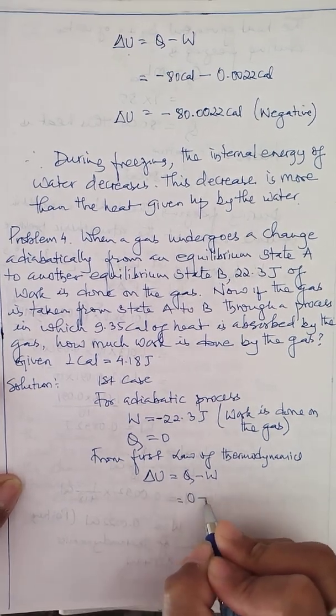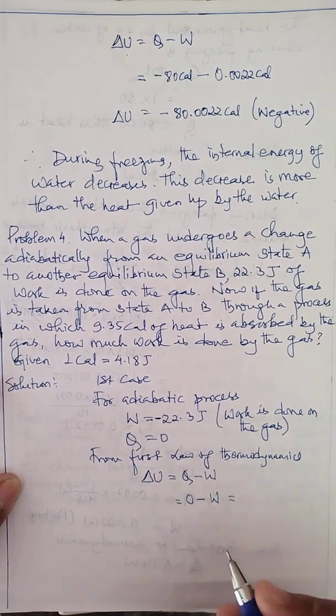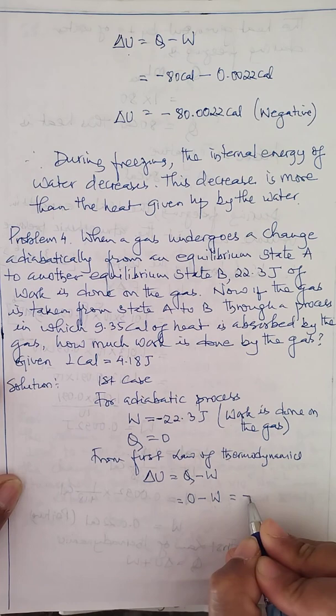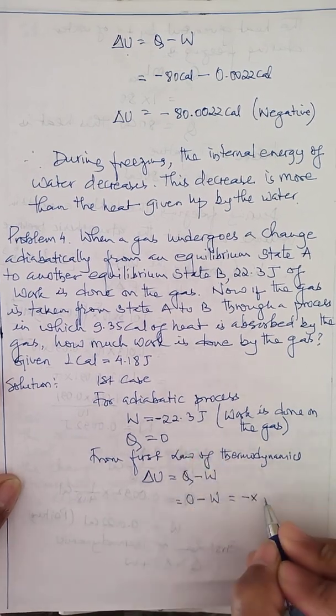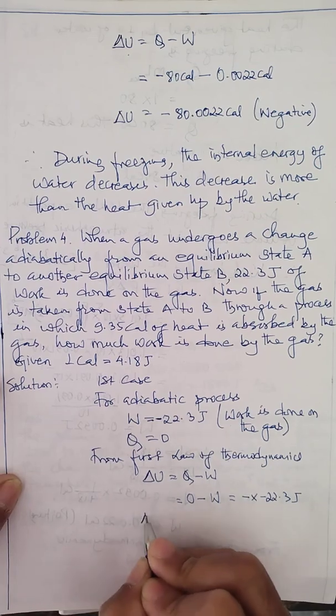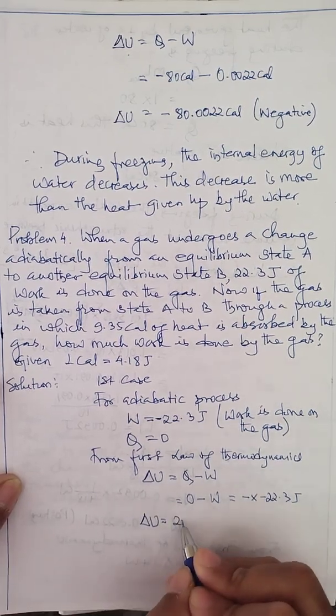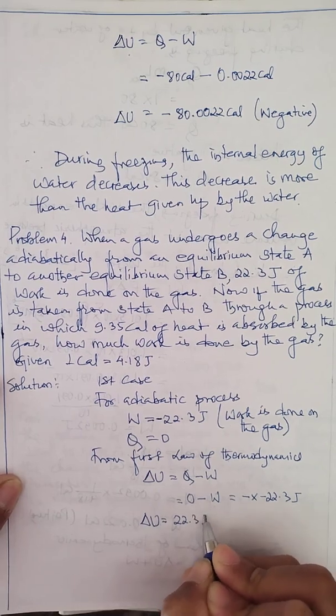Q is 0, minus W, but this W value is negative, so I write minus minus 22.3 joule, which means the internal energy of the gas is minus into minus, plus, that is 22.3 joule.